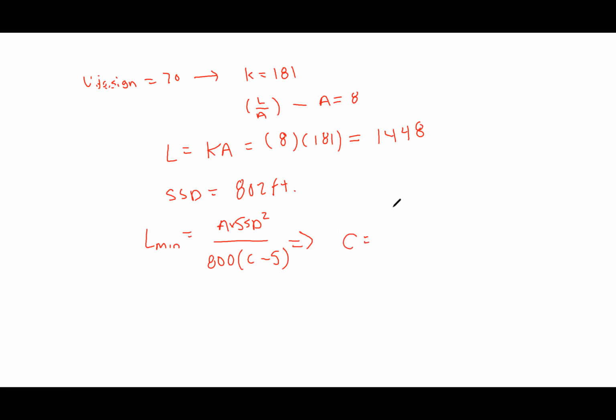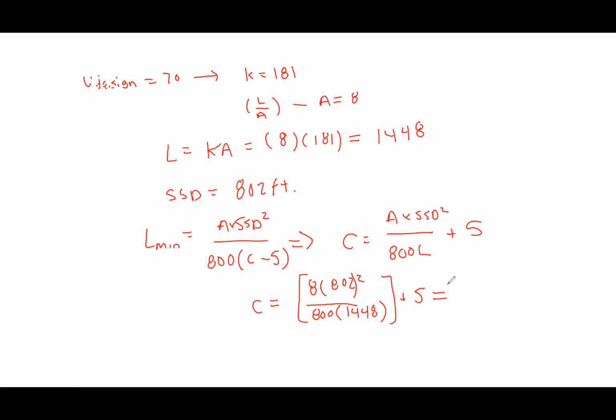So C equals A times SSD squared over 800 L, plus 5. That works out to C equaling 8 times 802 squared over 800 times 1448, and then all that plus 5. That gives me a value of 9.4 feet, so basically the same value that you had gotten previously.